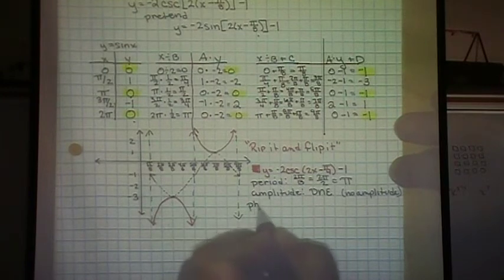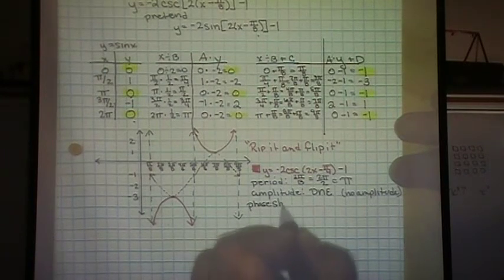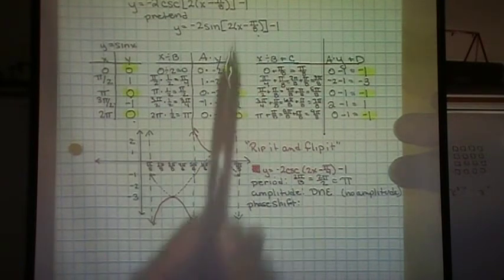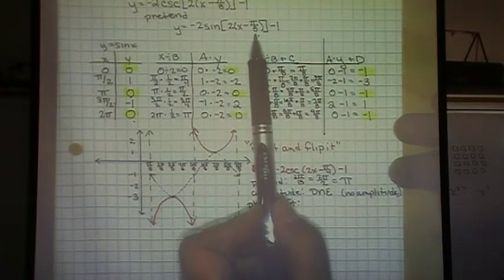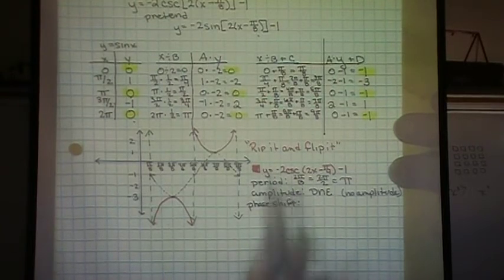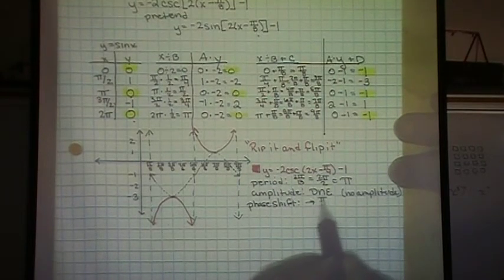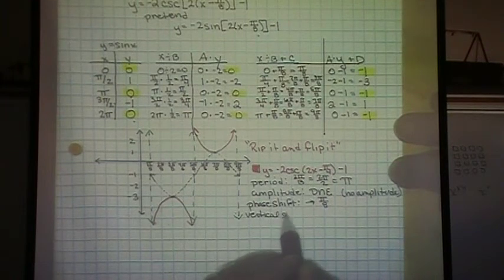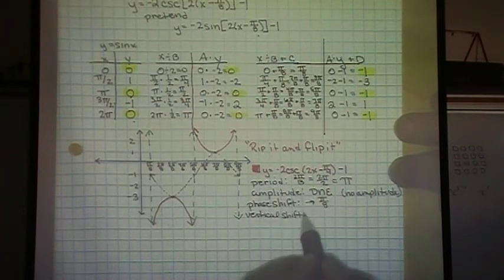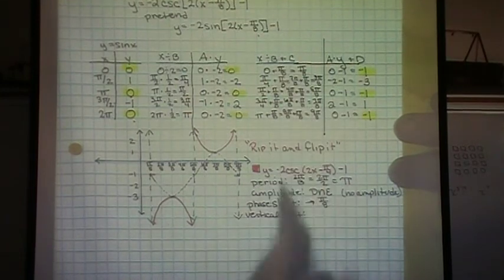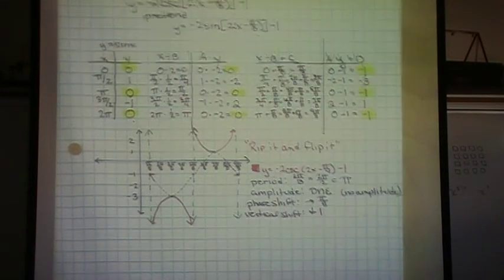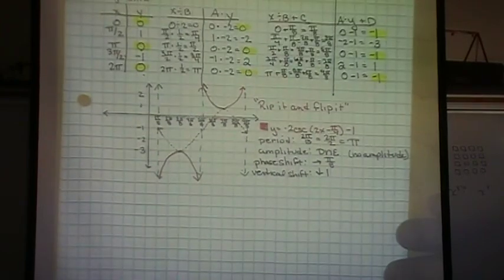Our phase shift, that is our C value. So it's to the right, pi over 8. Our vertical shift is down 1. Okay? So that's the basics for the trig.